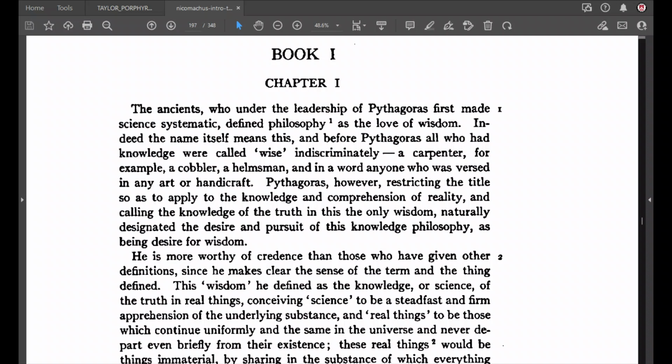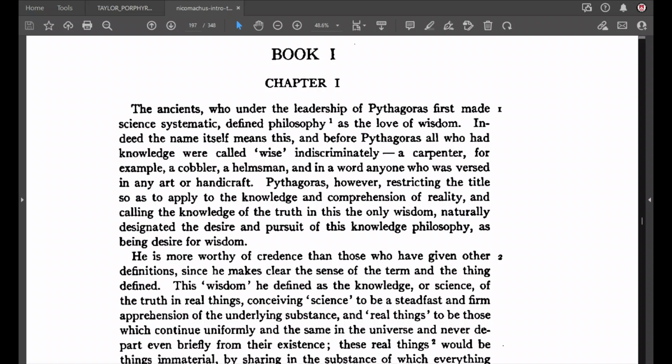But before Pythagoras, the word philosophy or the word wisdom was understood in a strange kind of way. Anyone who had any skill was called wise. In the ancient world before Pythagoras, anyone who had skill was called wise. So if there was a man who was good at making boats, he was called wise.